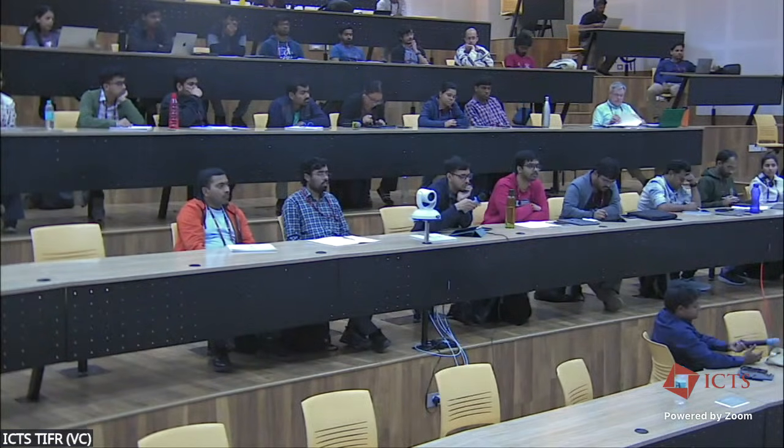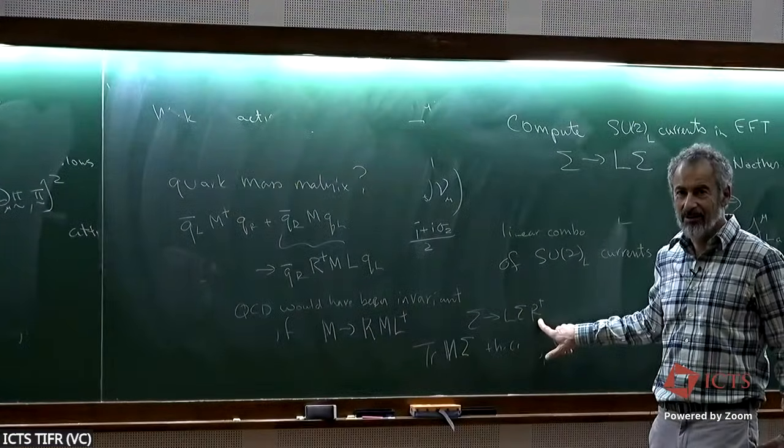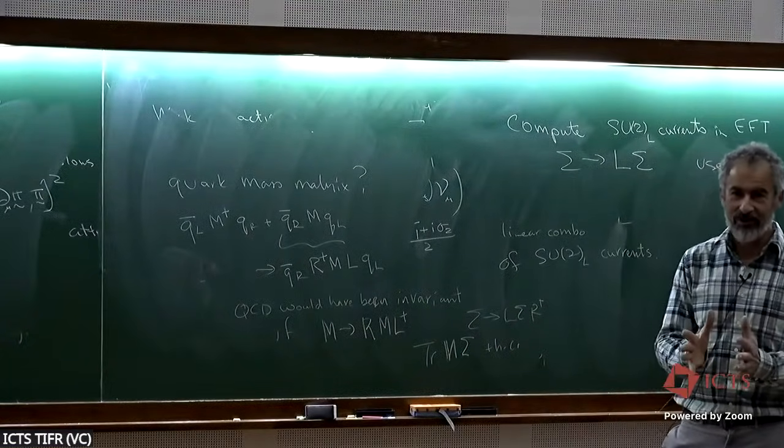So when I say that sigma goes like L sigma R dagger, this is the full SU(N) cross SU(N) symmetry, not just the vector symmetry. So the theory is invariant under the full symmetry, not just the vector one. Right.